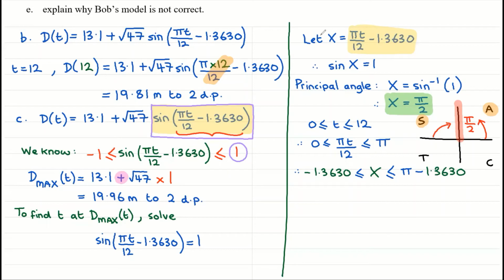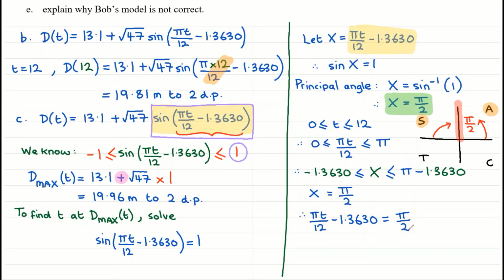So we have x is equal to pi over 2. So we just have to solve the equation now. So therefore, pi t over 12 subtract 1.3630 must equal pi over 2.